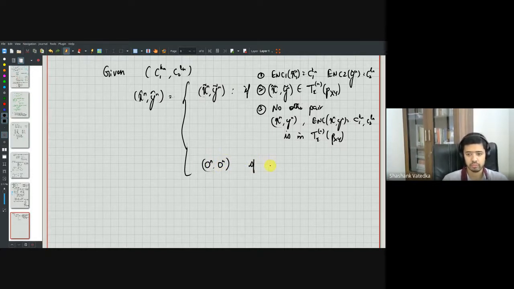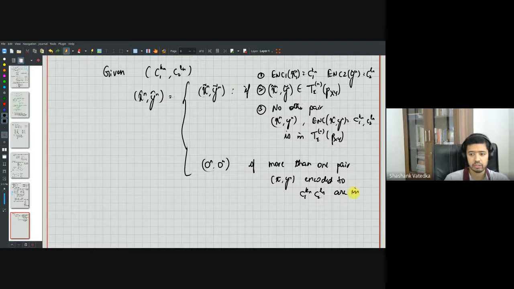If more than one pair of xn, yn which are encoded to C1(Kn), C2(Ln) are in the jointly typical set.